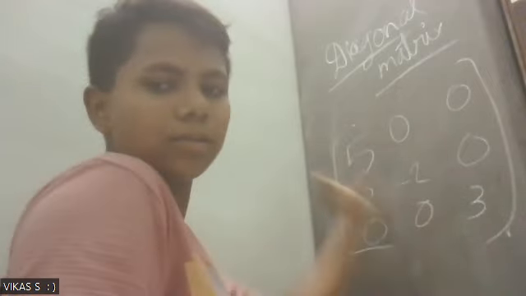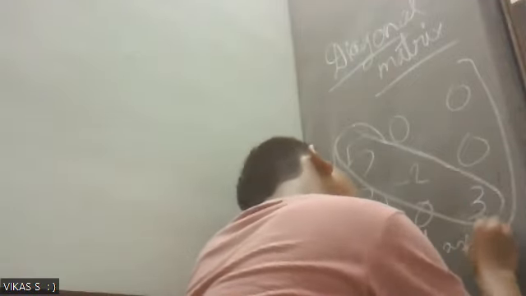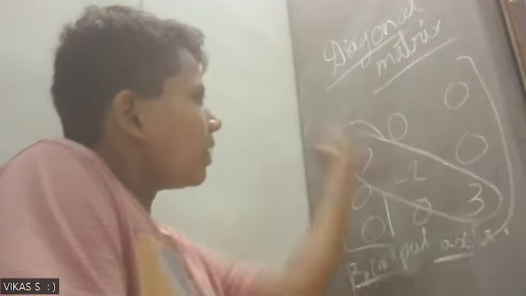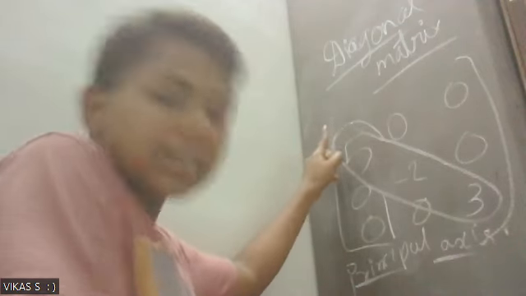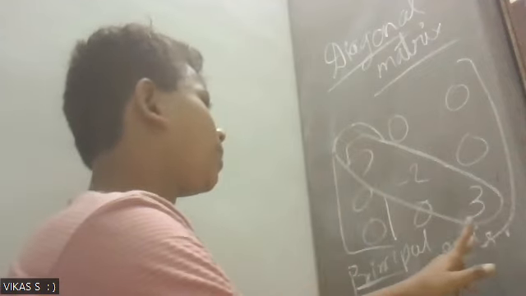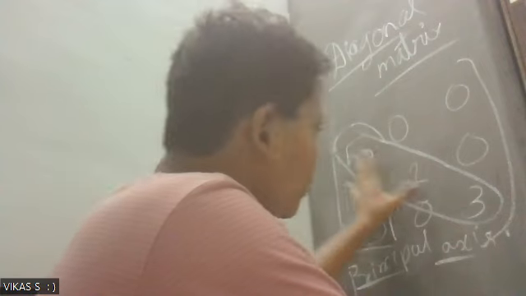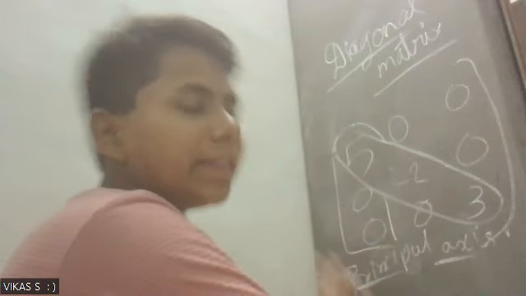This is known as the principal axis. If the principal axis has some random numbers, and except the principal axis all the others are zero, then it's called a diagonal matrix.